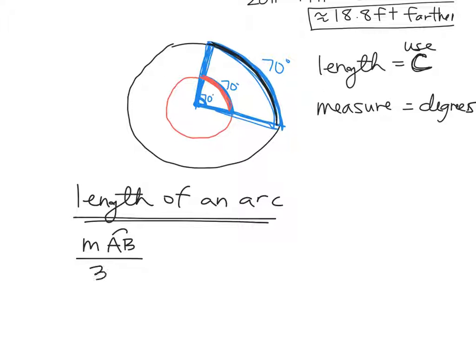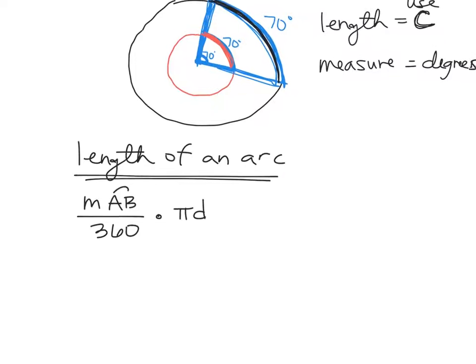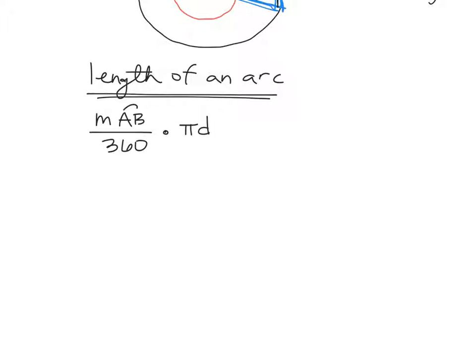You divide that by 360 because it's a fraction of the circle, and a circle is 360 degrees, okay? So the measure of the arc over 360 times circumference, pi d. Okay, so that's the formula you're going to use. So we're going to just do a couple of those and find the length of the arc, and then we're done with this first lesson.